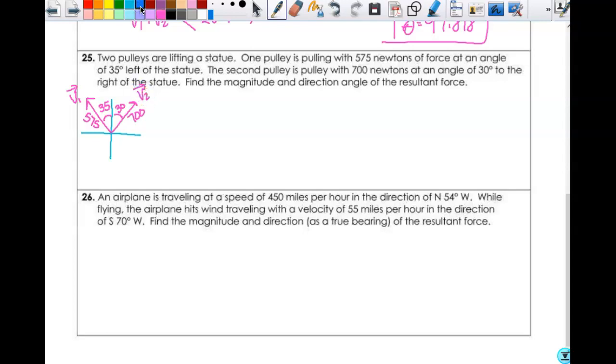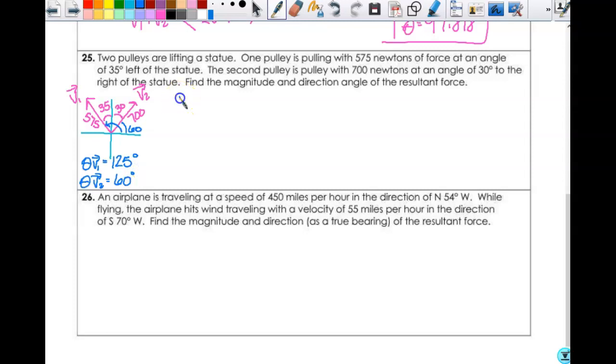Okay, so for vector 1, if this is 35 degrees, I got to add that 90 there. So this whole angle, so theta for vector 1 is 125 degrees. Theta for vector 2, if this is 30, this right here has to be 60. There are my two angles.